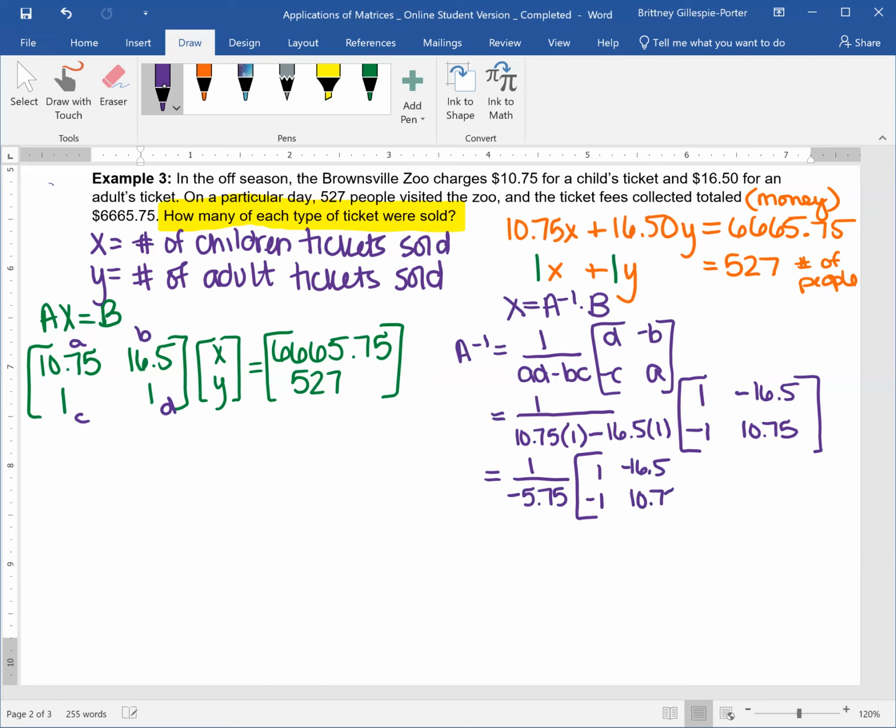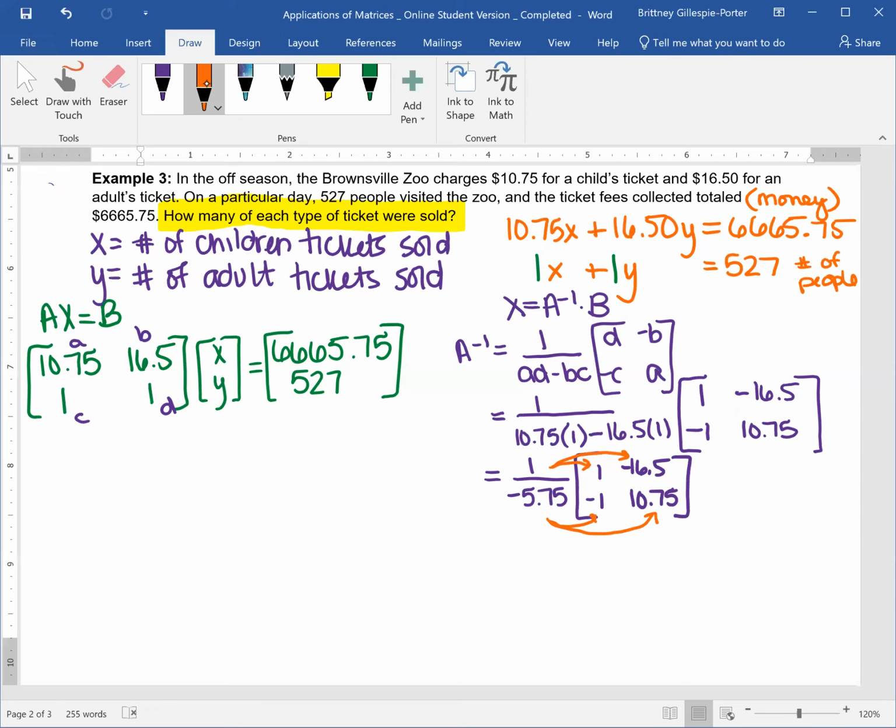And then you need to distribute that fraction all the way through. So you can either multiply each of these elements in our crazy matrix by 1 all over -5.75, or divide each of them by -5.75.